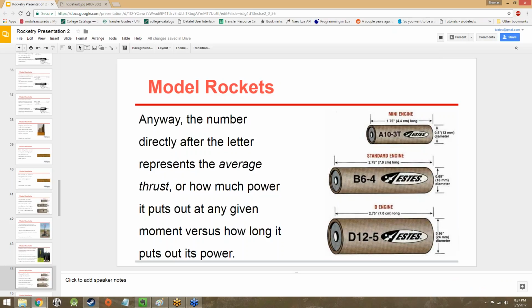Anyway, think of the letter kind of like your gas tank. In essence, it represents how much you can accelerate a mass over its entire lifespan, that is from full to empty. That's what the letter denotes. However, let's say you have a car with a full tank of gas.